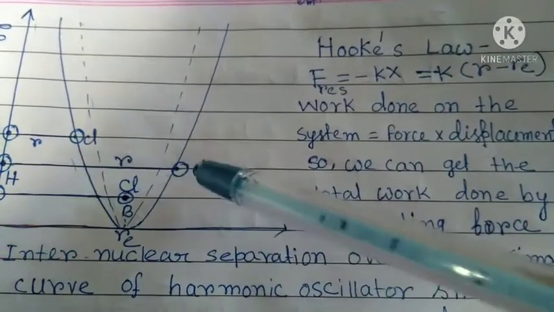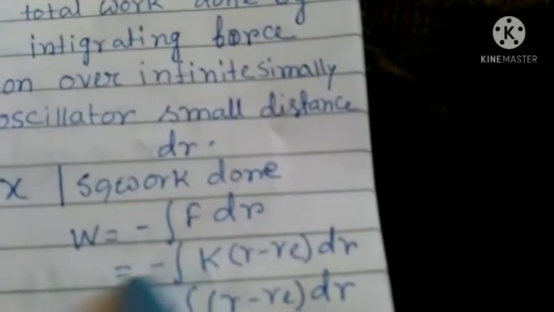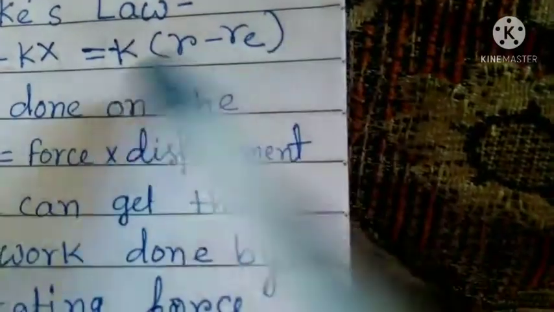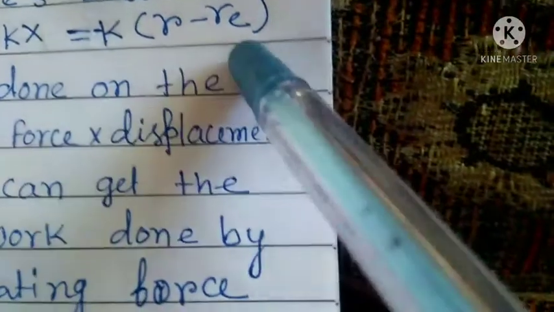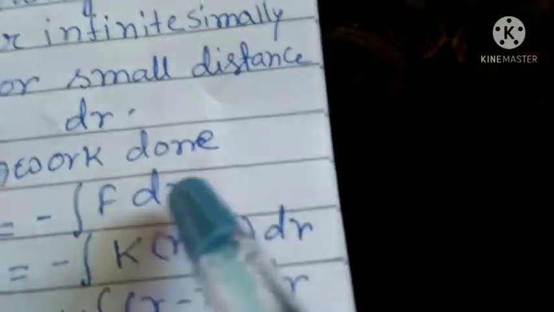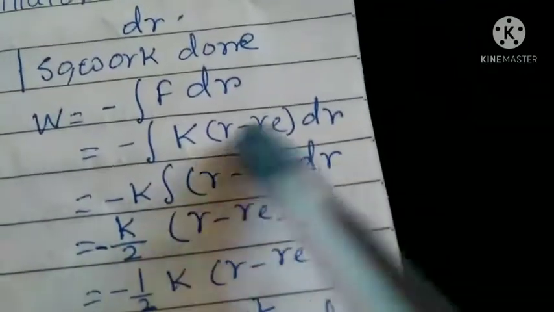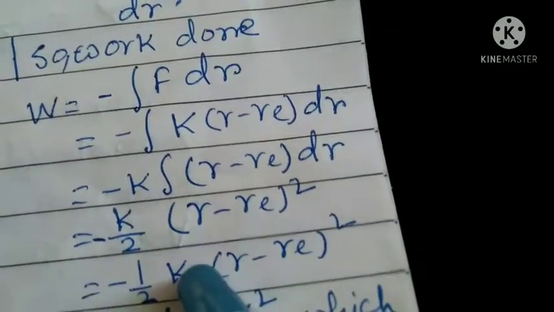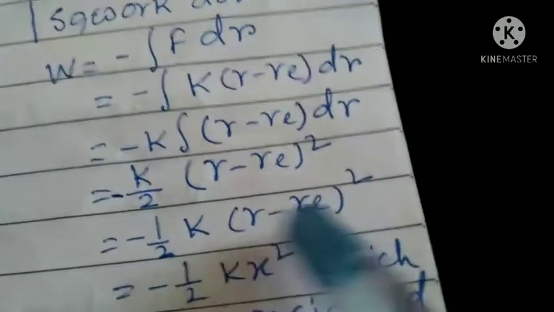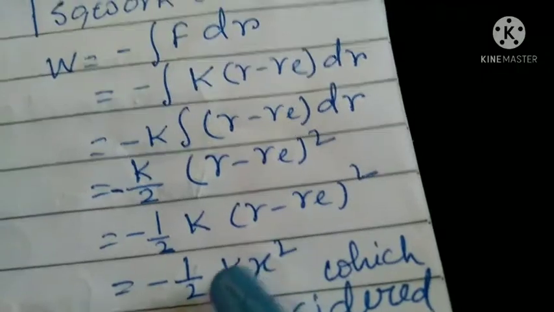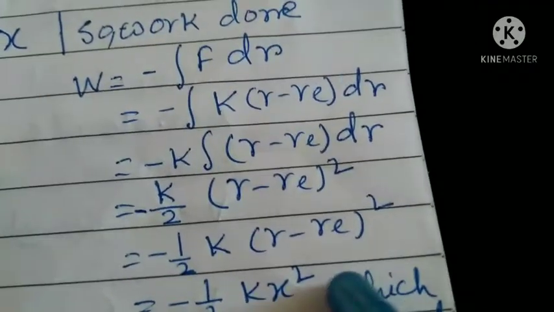So we can write the work done on the system as minus the integration of F into dr. Here F we can write as minus k into r minus re. So it is minus half. By integrating this we get minus half k into r minus re squared, so minus half k x squared. So it is a parabolic potential.